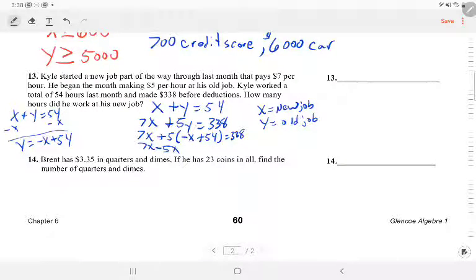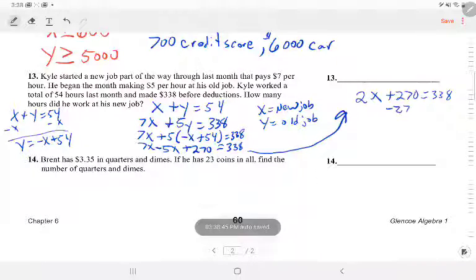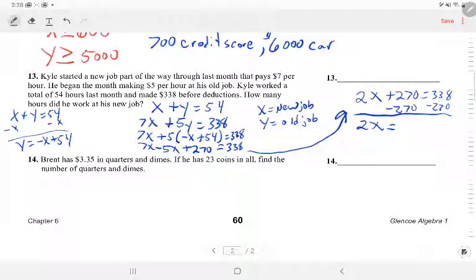And then 5 times 54 would be 270, I believe. And that equals 338. Combine my like terms, I would get 2x plus 270 equals 338. Subtract 270 from both sides, and I get 2x equals 68.